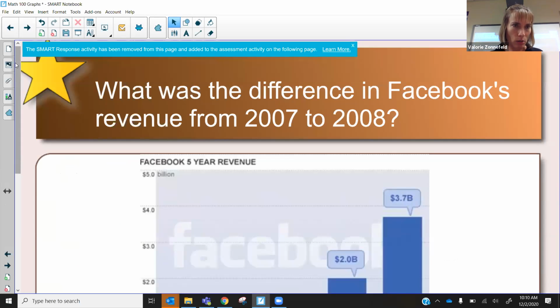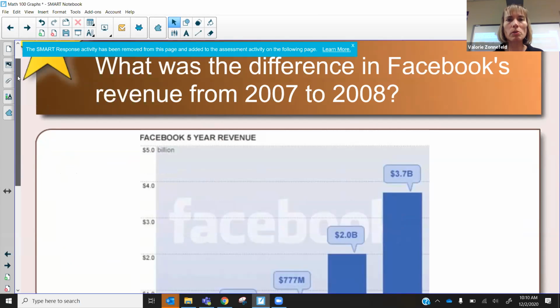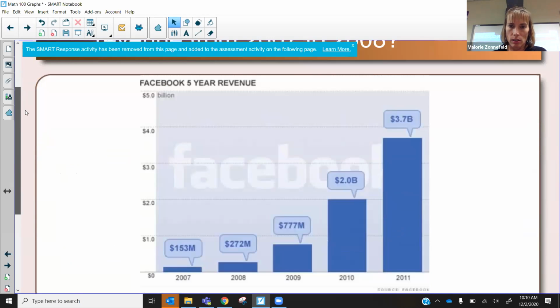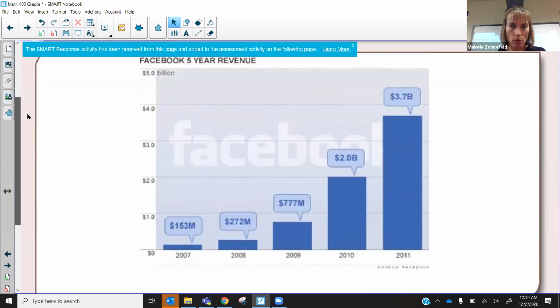All right, next question. What was the difference in Facebook's revenue from 2007 to 2008? Put your answer in the chat box. 2007 to 2008, what was the difference in revenue? I got to do it in my head.